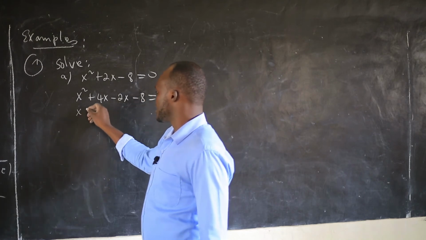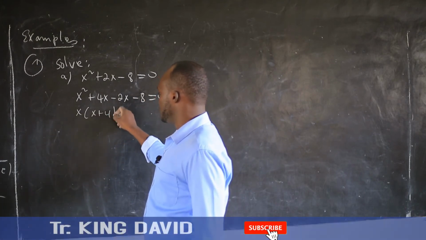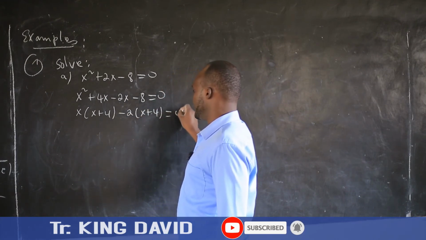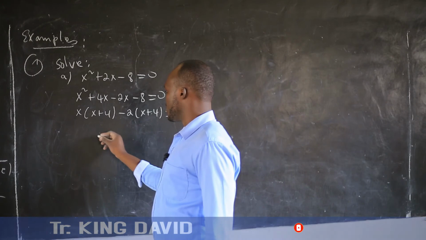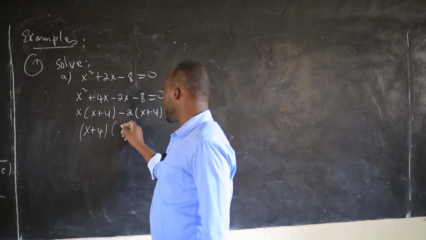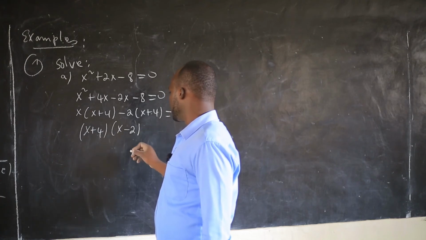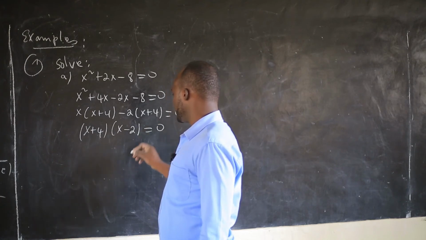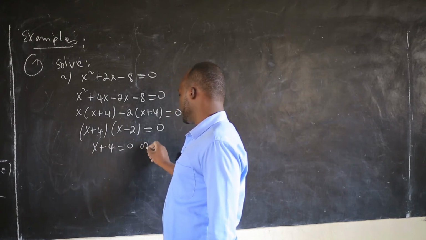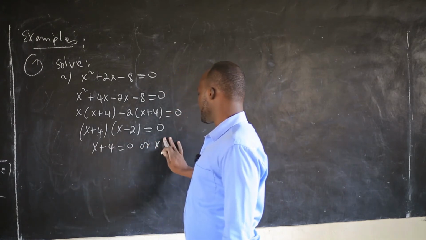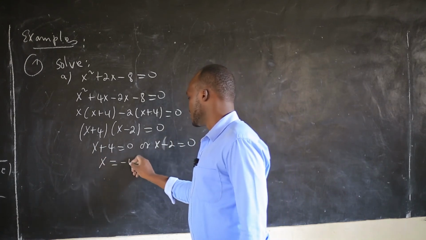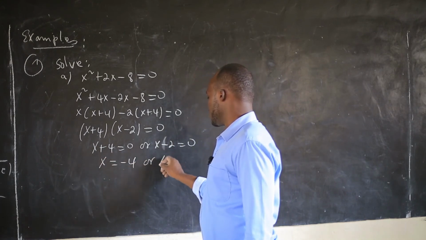So it will be x(x plus 4) minus 2(x plus 4) equal to 0. You see the x plus 4 is common, that's x plus 4, then x minus 2 equal to 0. So x plus 4 is equal to 0, or x minus 2 is equal to 0. So x will be negative 4, or x will be 2.